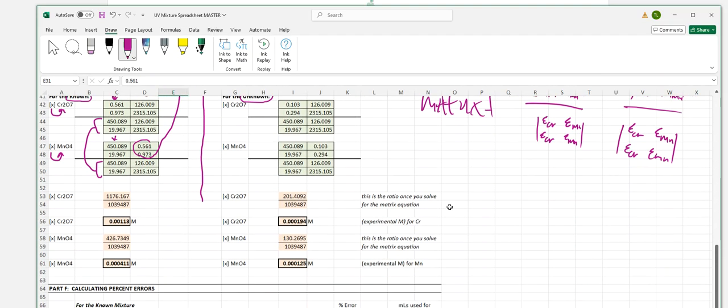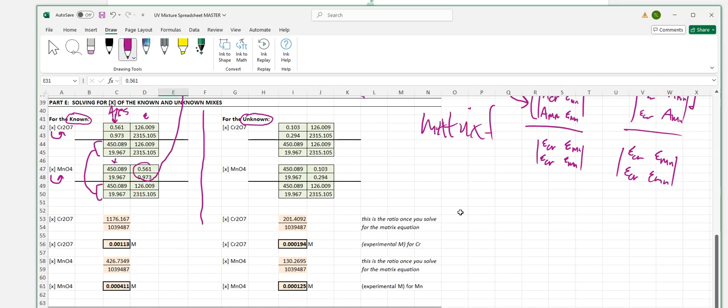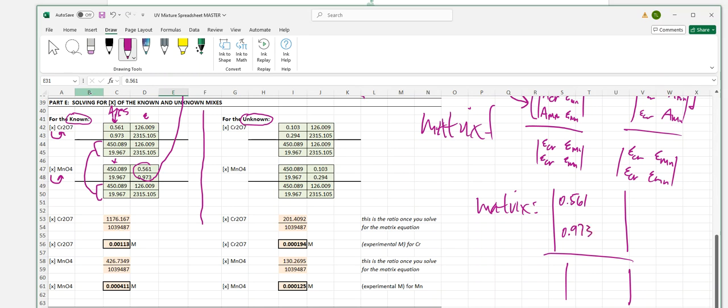All right, so in order to solve for a matrix, let's review a little bit of algebra if you have had that class. When you get into a matrix, there's a top portion and there's a bottom portion. So if I copy in what was pasted into the spreadsheet, 0.561 and then 0.973 and then 126, I'm just going to round it off to prevent messiness, and then 2315.